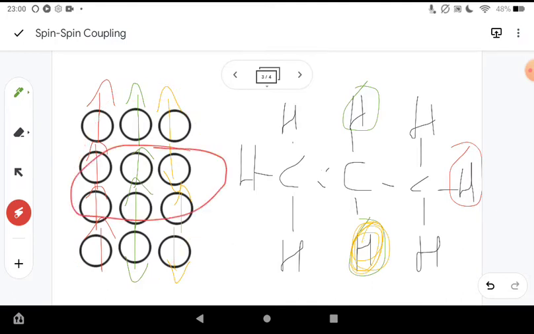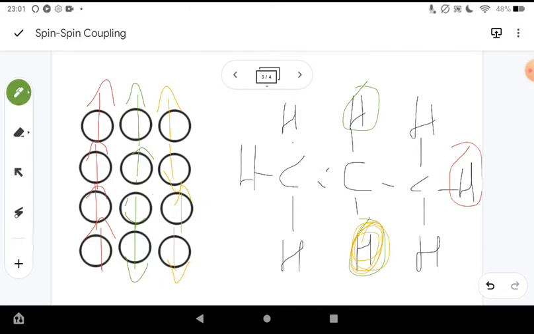However, these two are the same, because in relation to this, I have one going up and one going down in both of the adjacent hydrogens.